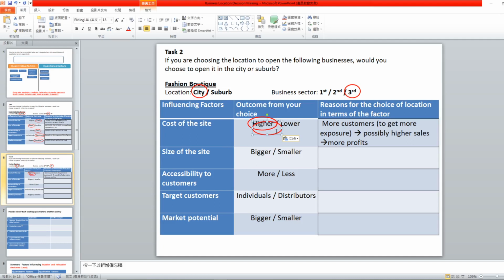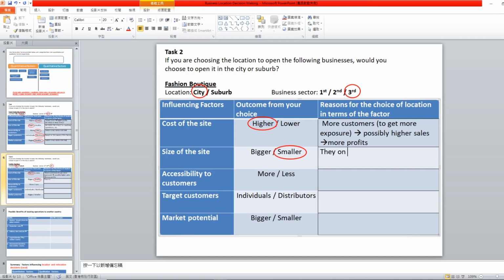The site is smaller. Why do we need a smaller site for a fashion boutique? They don't need so much space because they just have to showcase their clothes.